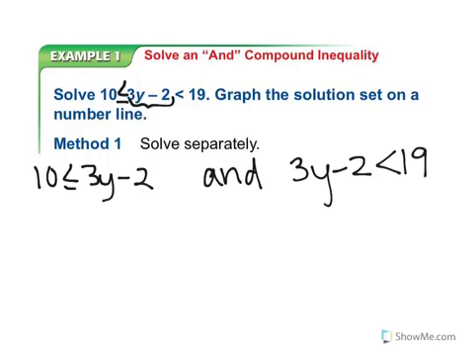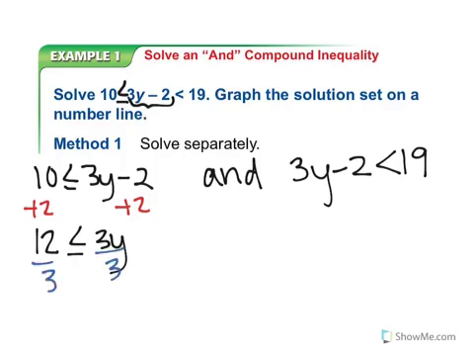Looking at the first one, we need to add 2 to both sides. That's going to give us 12 is less than or equal to 3y. And then we're going to divide by 3 to get 4 is less than or equal to y. In this case, since we did not divide by a negative, we do not have to flip our sign.